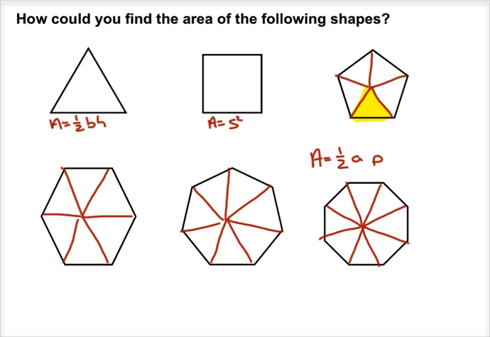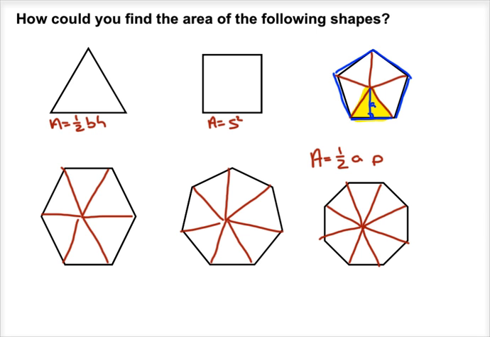Well, here's what these things actually mean. The apothem is just this height, so it's the distance going from the center to the side. So I would use that in finding the area of my triangle anyways. Where things get a little different is, instead of finding just the base here, if I use all the bases going all the way around the shape, I'm going to get all the triangles at once.